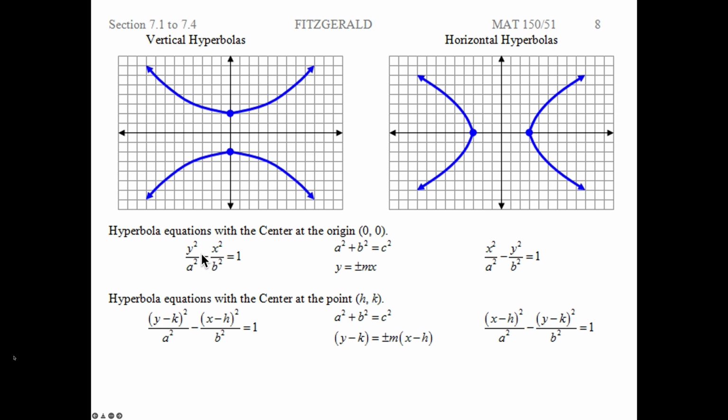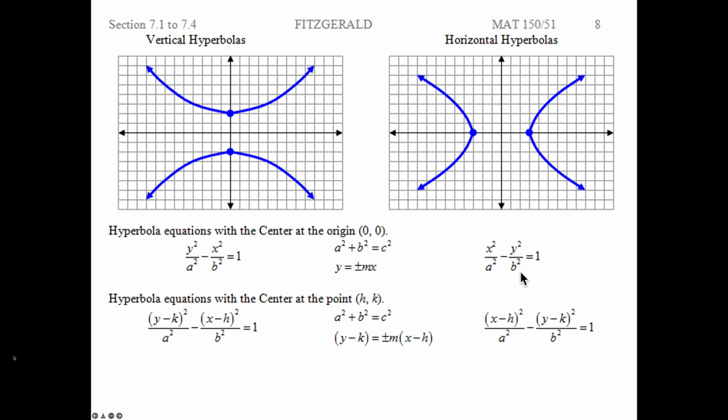The ellipse had a plus sign here, and they always had the x squared first, not anymore. The y can be first, so if my fraction with the y in it is positive, it opens up and down. And if my x squared is part of the positive fraction, it opens left and right.